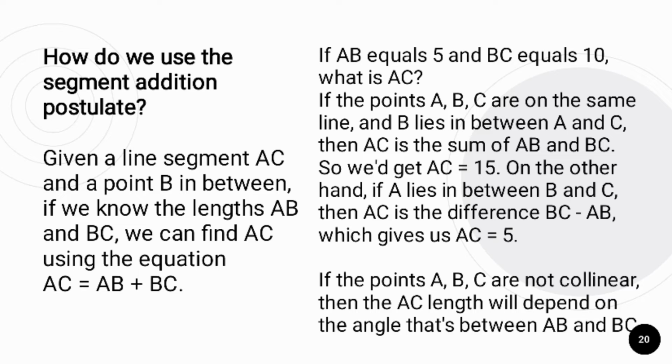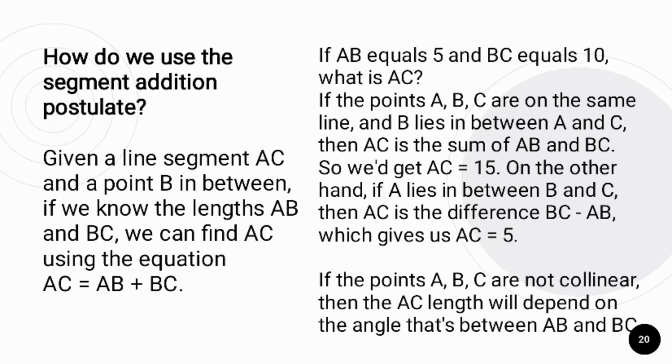For example, if AB equals 5 and BC equals 10, what is AC? If the points A, B, C are on the same line and B lies in between A and C, then AC is the sum of AB and BC. So we'd get AC equals 50.